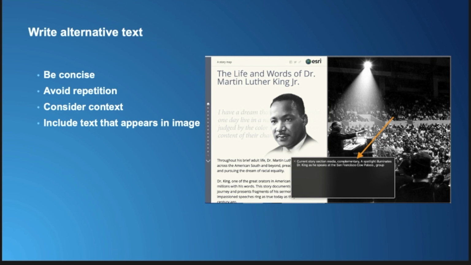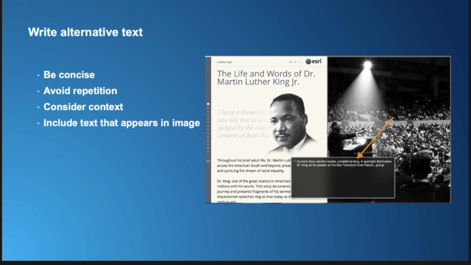So this one here has this image, and if we go back to our slides, we can see that they have an example of the alt text for this. It has the context here. So this is current story section media, complementary: a spotlight illuminates Dr. King as he speaks at the San Francisco Cow Palace.